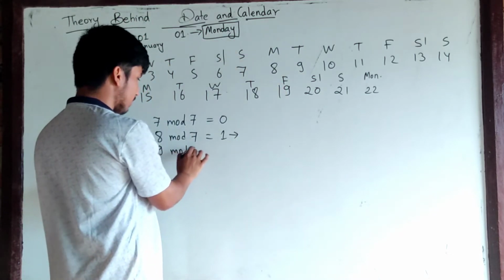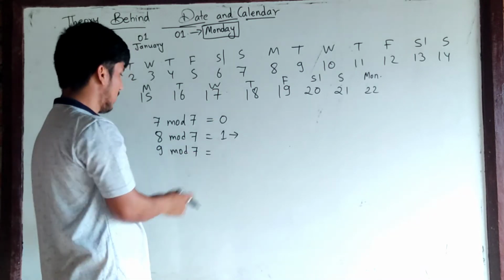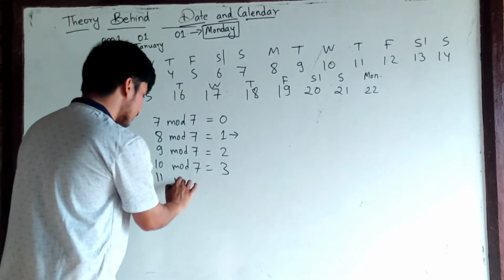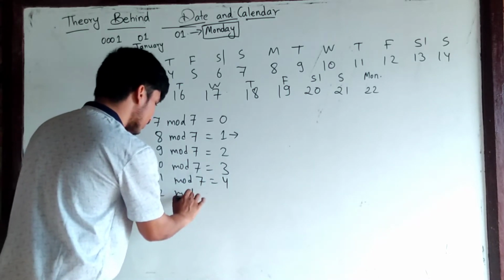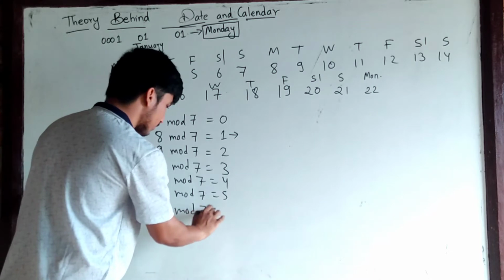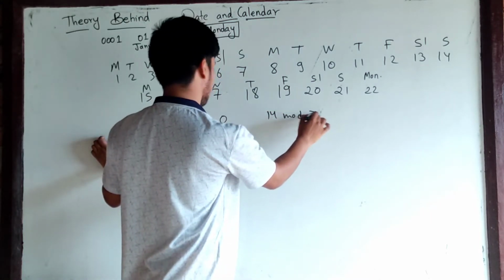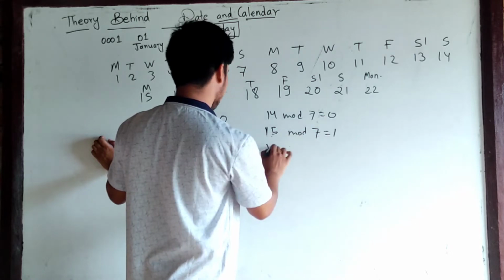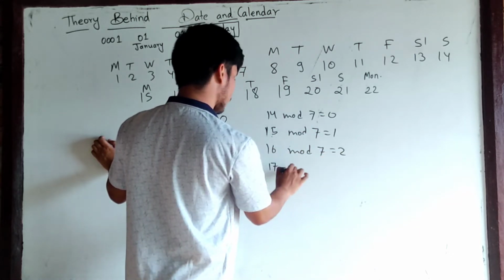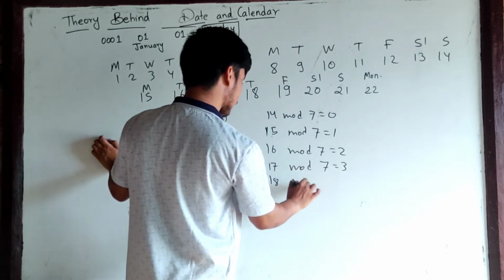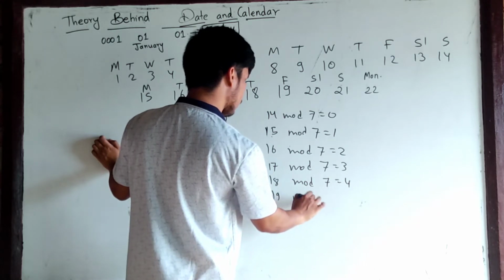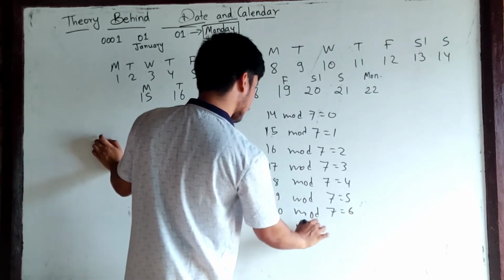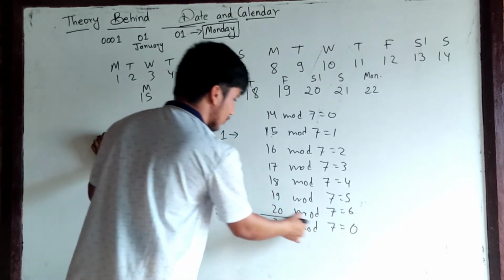So 9 mod 7, the number of odd days is the remainder, that is 2, 10 mod 7 is 3, and so on, until again we come to 0, right?